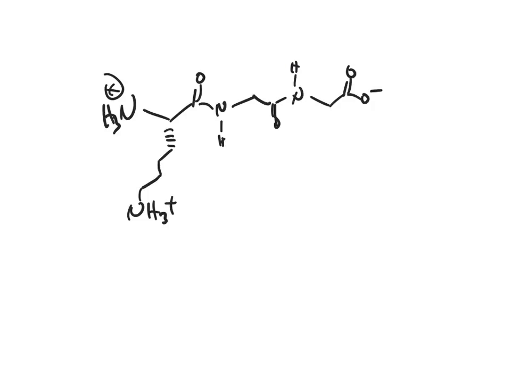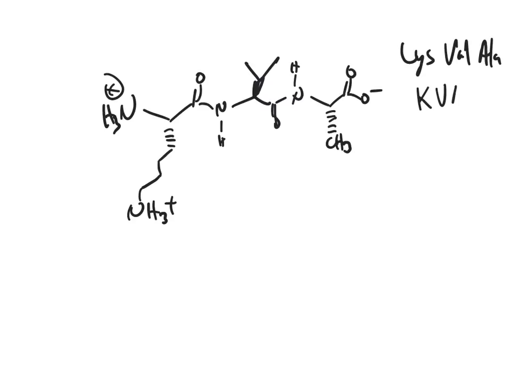And then I'll do a valine and a, I don't know. I'll just do another alanine. So if I was naming this, this would be a lys, val, ala, or KVA.